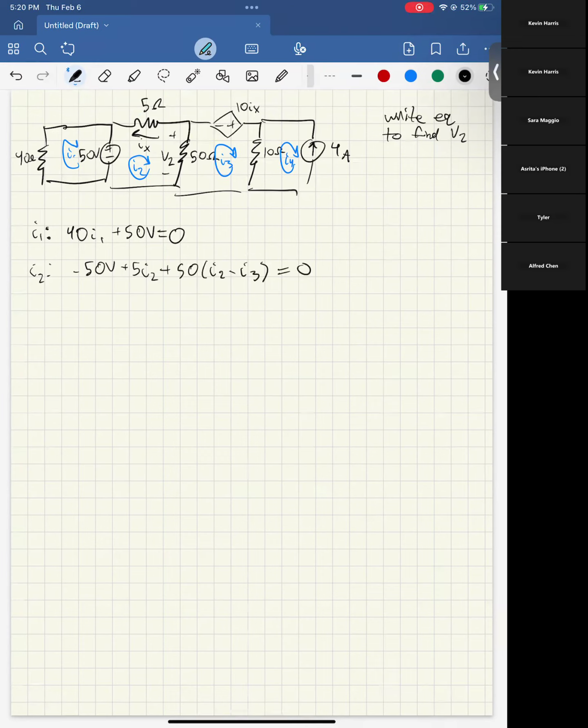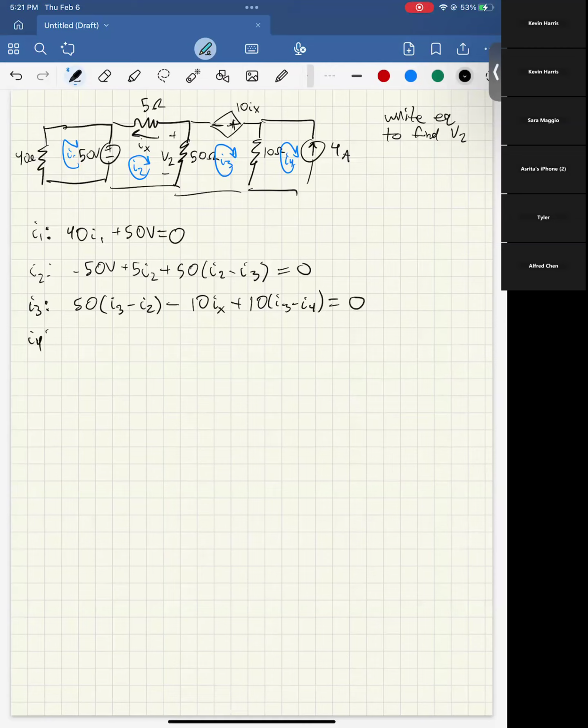That's all three components. Then I3, we start with that 50 ohm again. 50 ohms times, now since we're in the other loop, it's the other way around, I3 minus I2. And then since this is going from low to high, this is going to be negative 10 IX, because this is a dependent voltage source. Even though it has a current on the input, since it has the plus and minus here, this is a voltage source. And then plus 10 times I3 minus I4 equals 0.